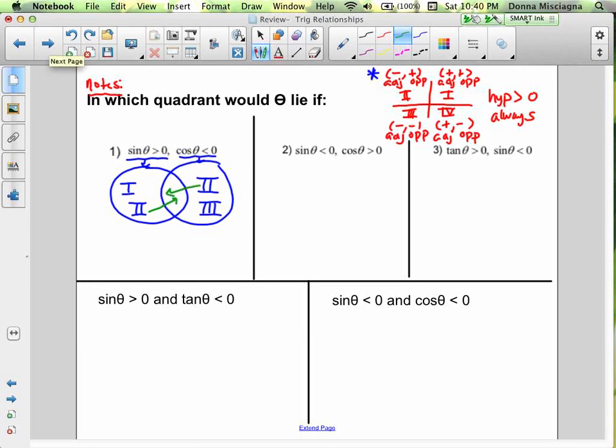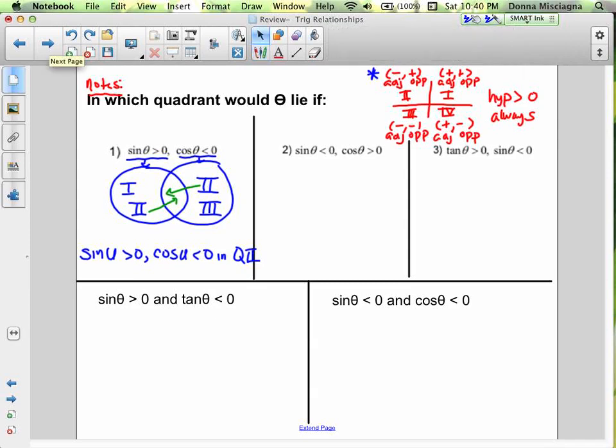So that means sine theta is greater than 0 and cosine theta is less than 0 in quadrant 2. That's our answer. For each one of these, we find the answer for part 1, find the answer for part 2, and then our final answer is whatever they have in common. It's easy enough. Let's look at the next one.